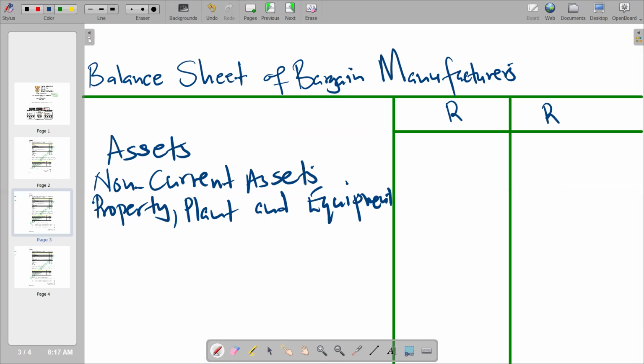Property, plant, and equipment. So we can take note that our non-current assets are subdivided into tangible non-current assets and intangible non-current assets.